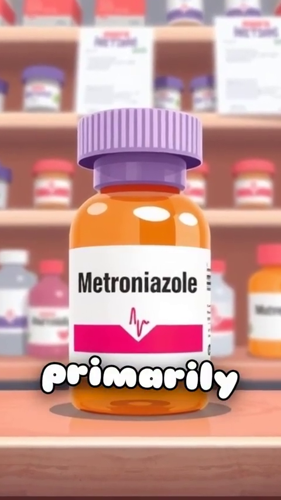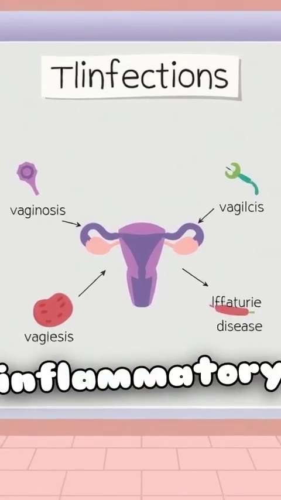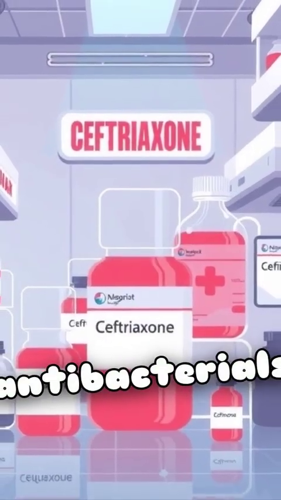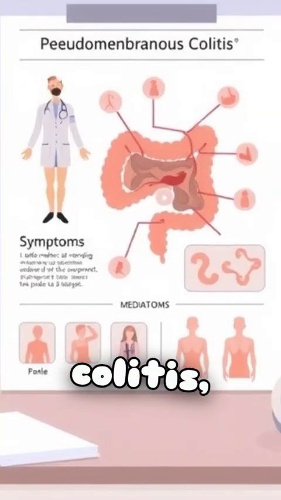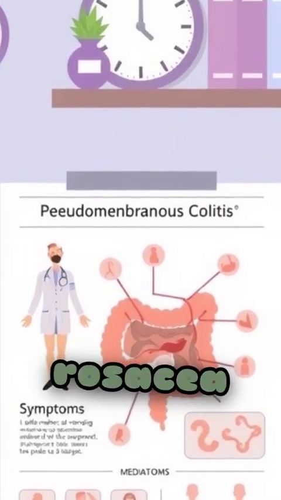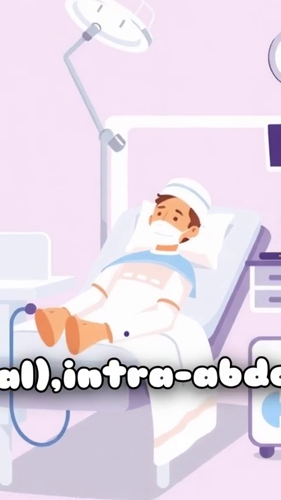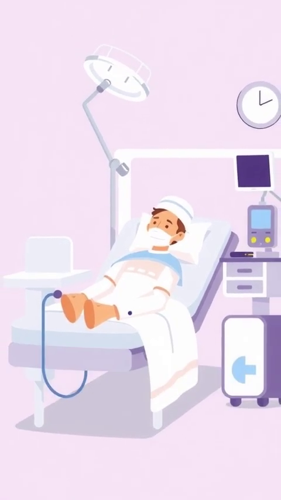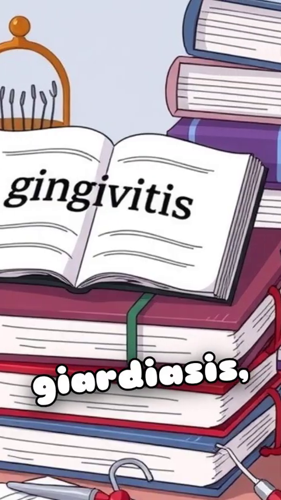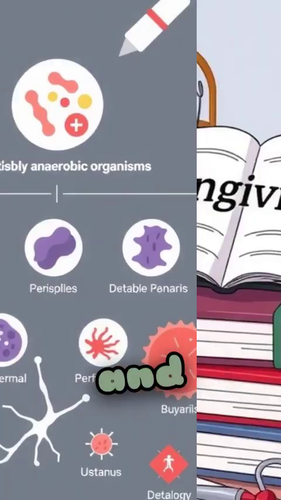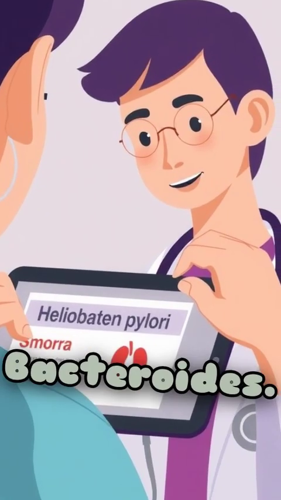Metronidazole is primarily used to treat bacterial vaginosis, pelvic inflammatory disease along with other antibacterials like ceftriaxone, pseudomembranous colitis, aspiration pneumonia, rosacea (topical), fungating wounds (topical), intra-abdominal infections, lung abscess, gingivitis, amoebiasis, giardiasis, trichomoniasis, and infections caused by susceptible anaerobic organisms such as Bacteroides.